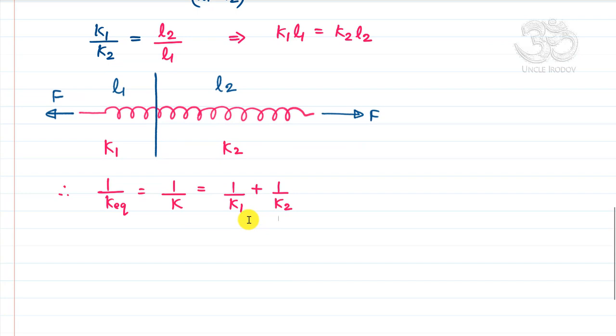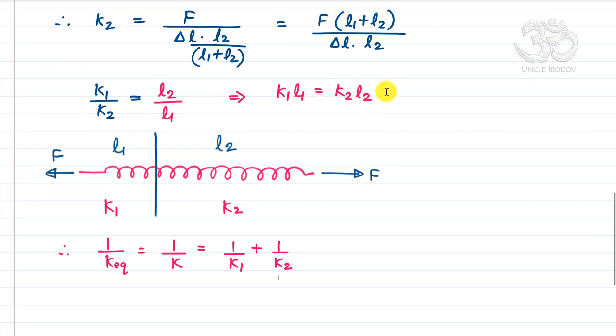So either you can use that scheme, or you can straight away use the fact that K1 L1 will be equal to K2 L2. It will be equal to KL. Right, we can say that.